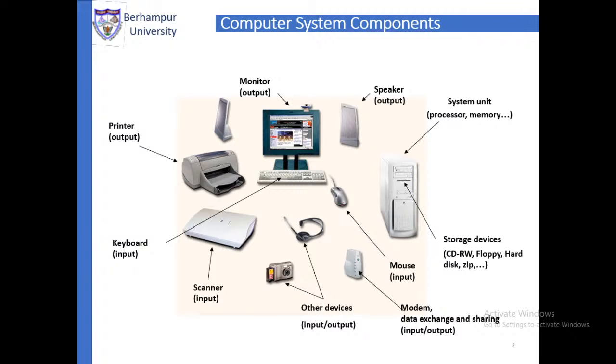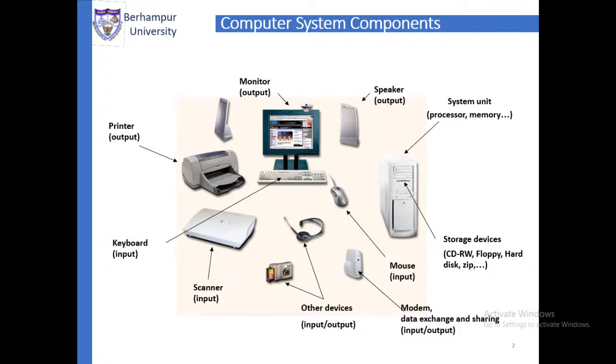Besides that, another input device is the mouse, through which you can scroll around the screen and put in your data. Then output devices are many, like the printer and the speaker, in which you get audio output.